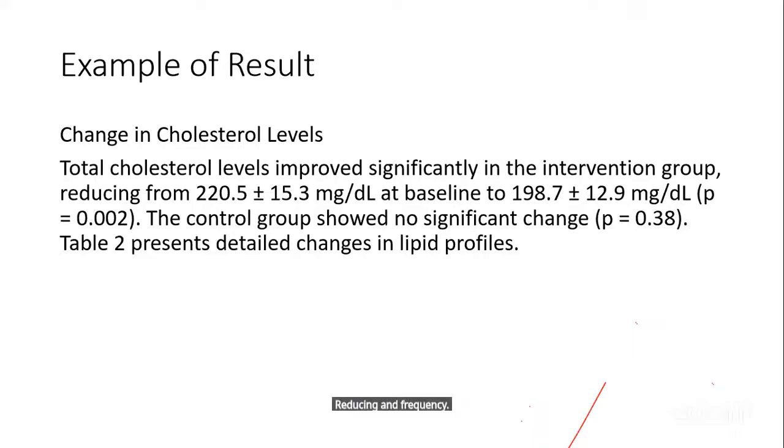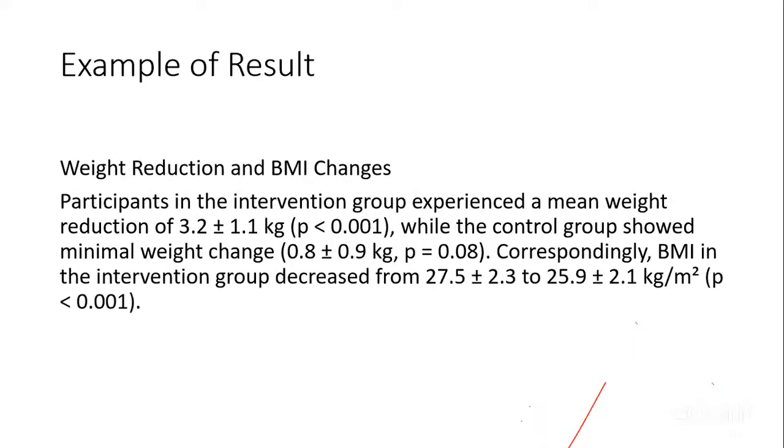The control group showed no significant change. So in the intervention group, cholesterol changed from 220 to 198, which is significantly different. But in the control group, there is no difference. So this is how you write the results.